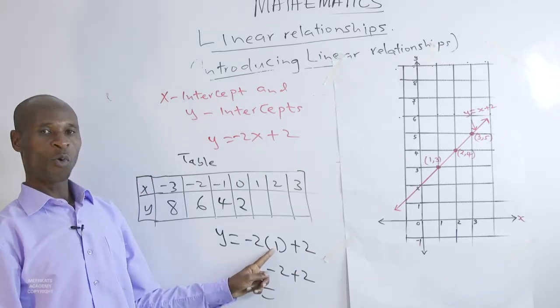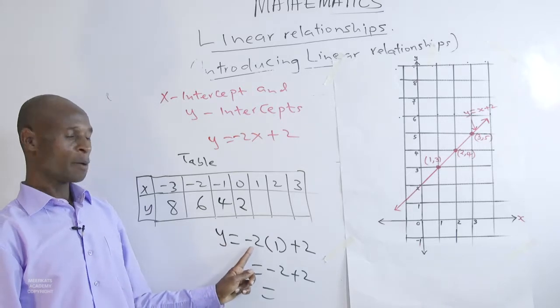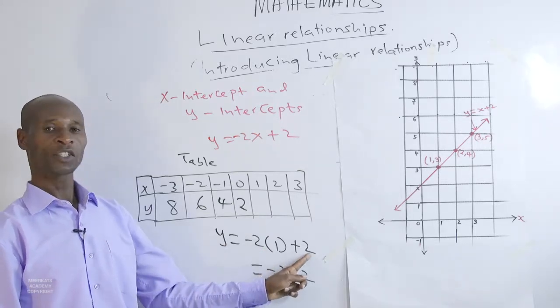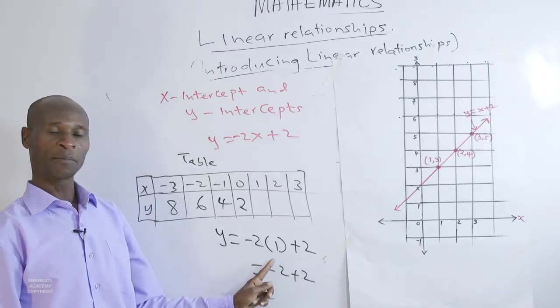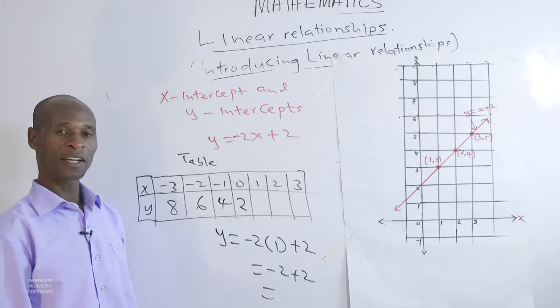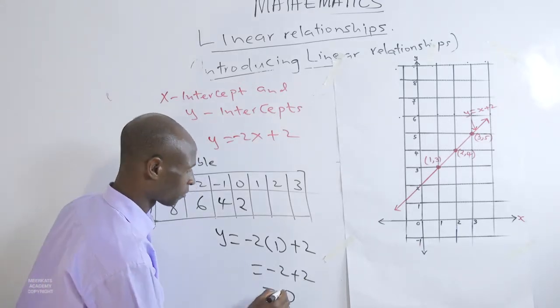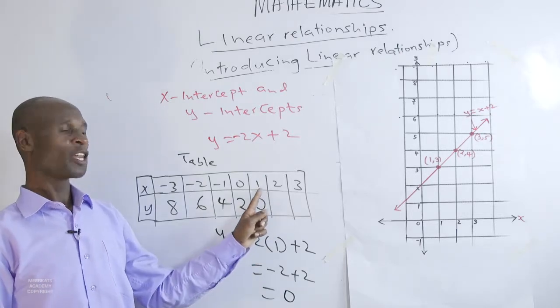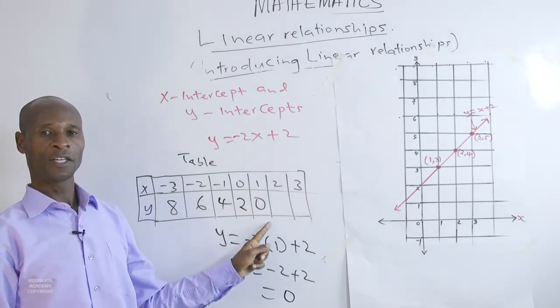When x value is 1, the y value will be -2 times 1 plus 2. Minus 2 times 1 is -2, plus 2, the result is 0. So that means when the x value is 1, the y value is 0.